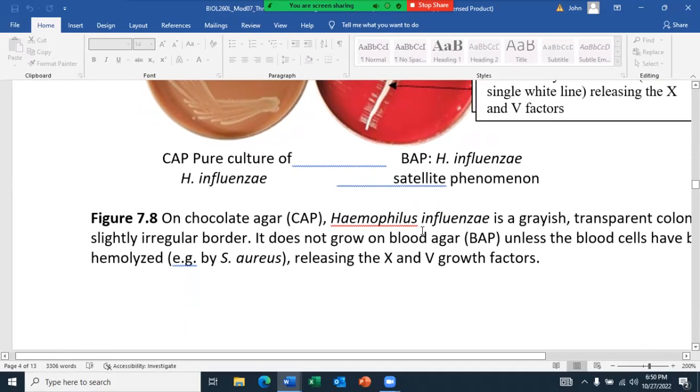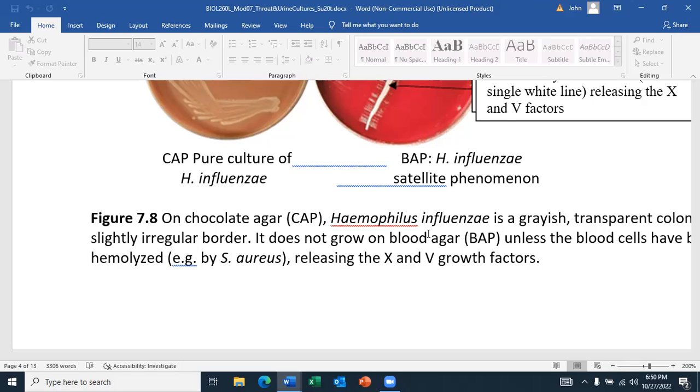Let me state that Haemophilus influenzae was misnamed by Louis Pasteur, and he thought it caused the flu because he got it from a flu patient, but in reality, a virus causes the flu, not Haemophilus influenzae.